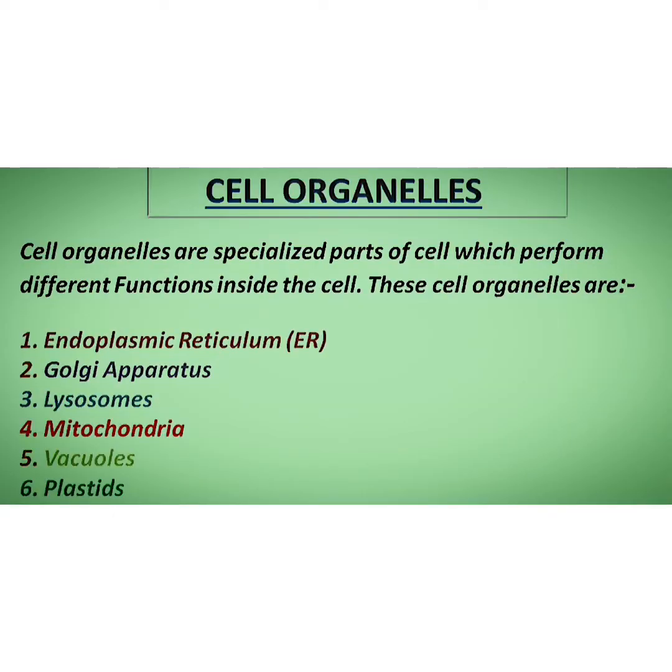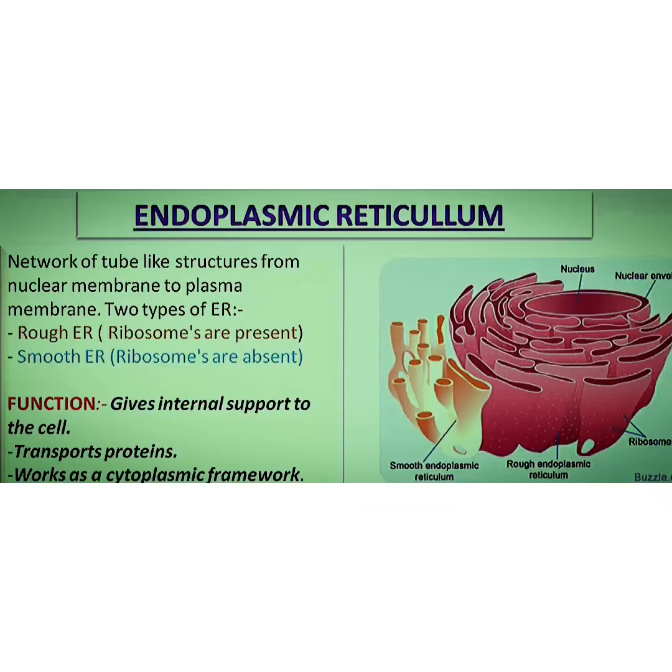Cell organelles are specialized parts of the cell which perform different functions inside the cell. These cell organelles are endoplasmic reticulum, Golgi apparatus, lysosomes, mitochondria, vacuoles, and plastids. Let's start with the endoplasmic reticulum. It is a network of tube-like structures from the nuclear membrane to the plasma membrane.